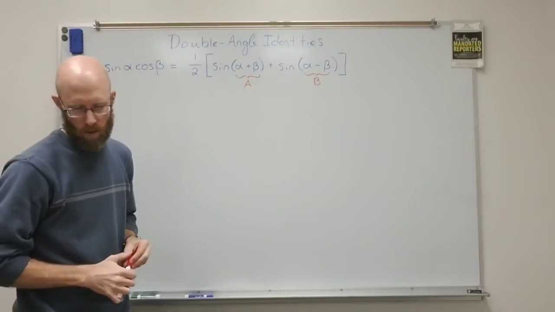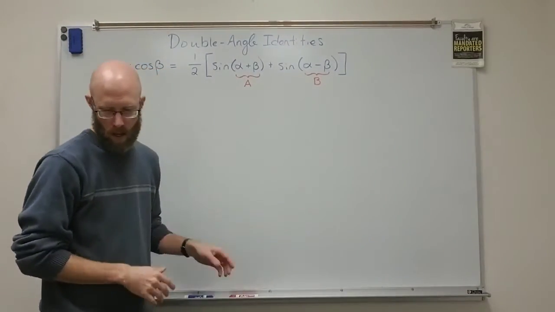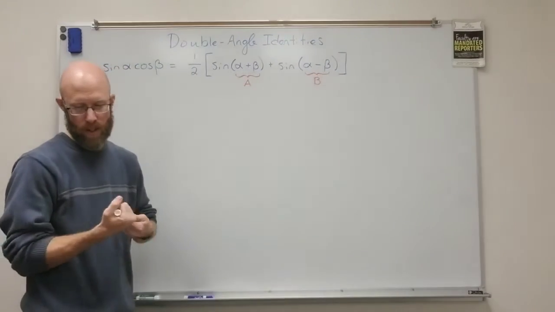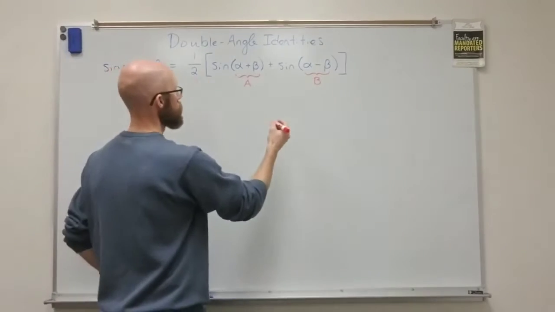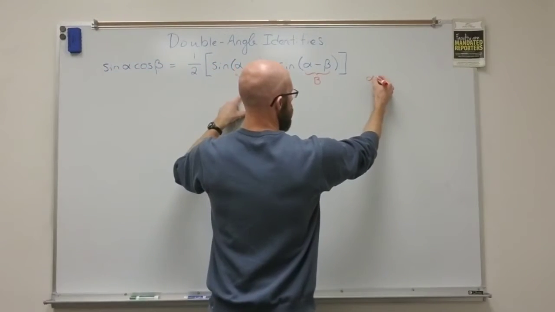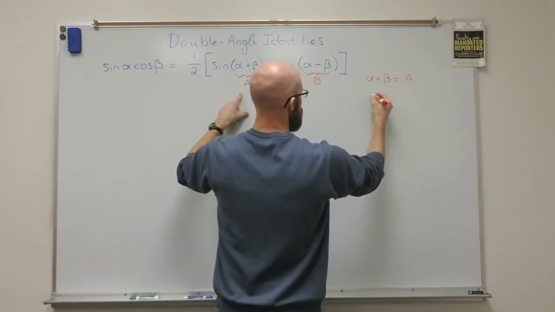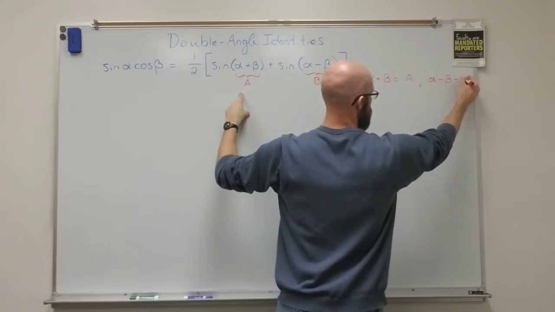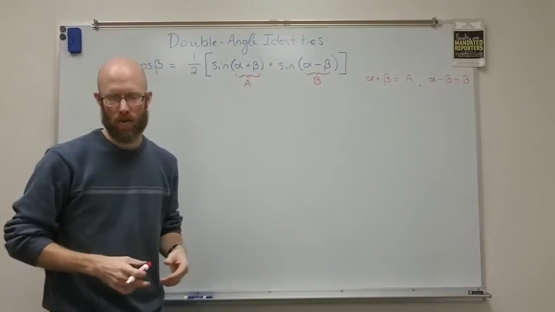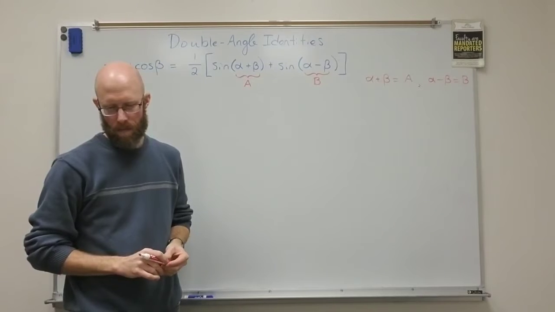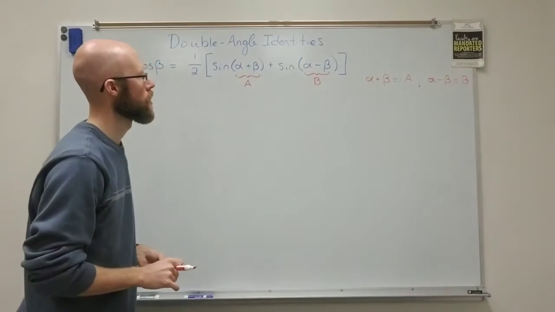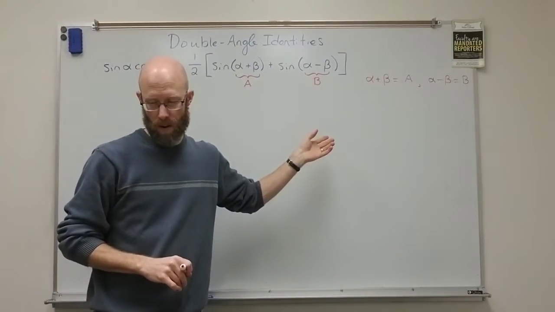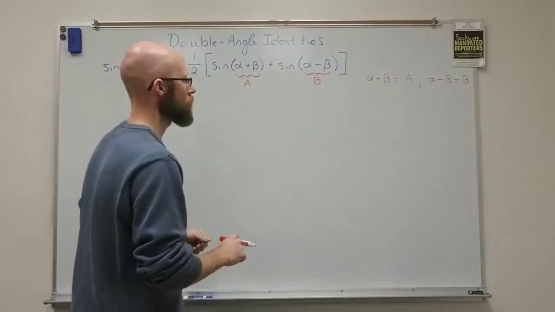Now from these 2 angles, A and B, I can write a couple of equations. First of all, I could just write out alpha plus beta equals A and alpha minus beta equals B. I have those 2 equations. If I were to add those 2 equations together, let's write it vertically.